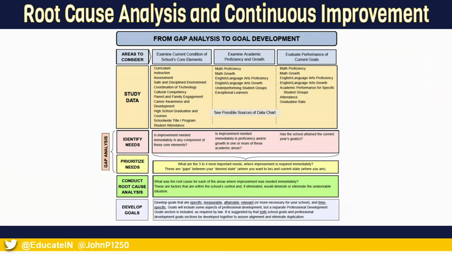And those needs are considered where improvement is needed immediately. The root cause analysis then goes below the surface and finds the true cause of the problem itself, not identifying the problem. That was done under our gap analysis, but it finds the root cause of the problem. And then this leads to the development of our goals.